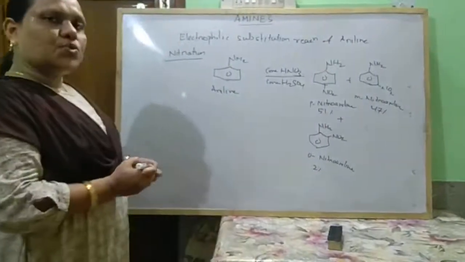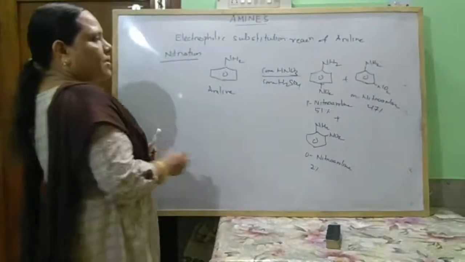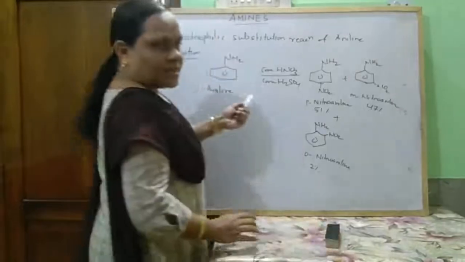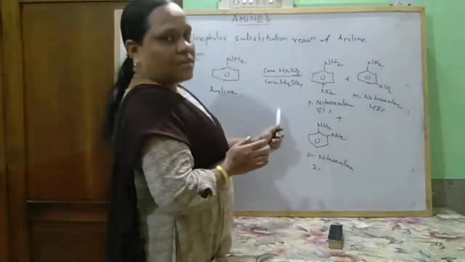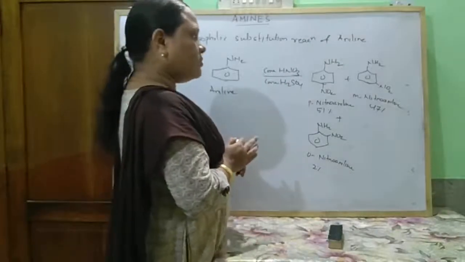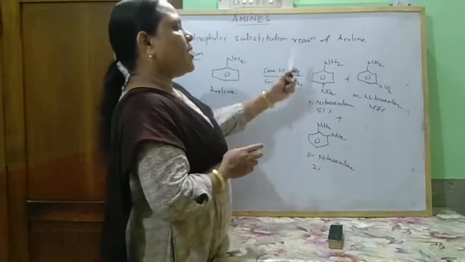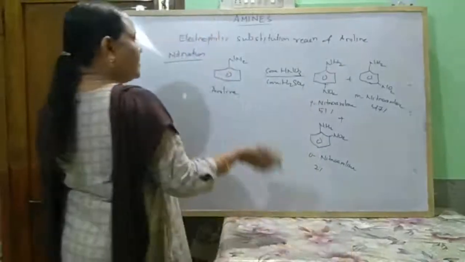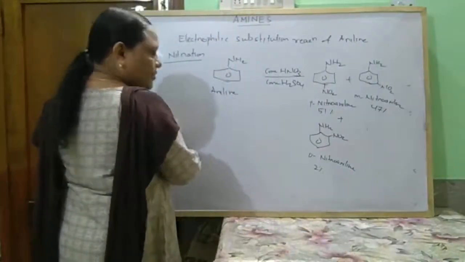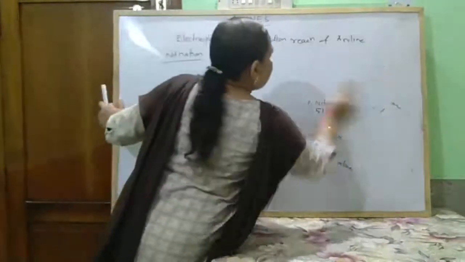But if this group is protected by acylation and then this nitration is carried out, it forms a mixture of para-nitroaniline and ortho-nitroaniline. Look at the equation.